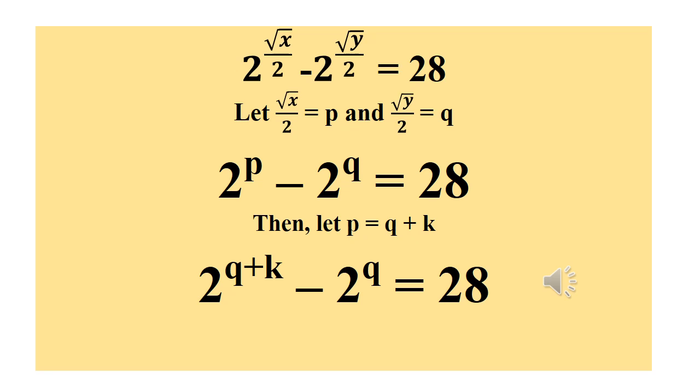So if we say let p equals q plus k, then we plug it in again. Then we are going to have 2 raised to power q plus k minus 2 raised to power q equals 28.